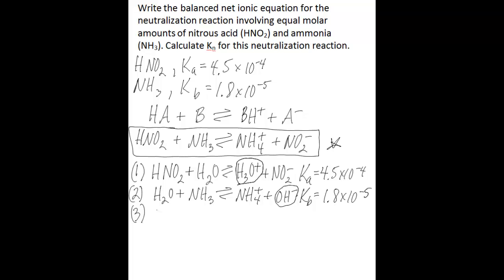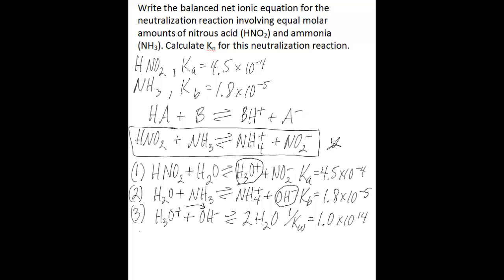So what you'll get here for the neutralization between the two is hydronium plus hydroxide, giving you 2 waters, which is what is left over when the hydronium ion transfers a proton to the hydroxide ion. And the K value for this reaction is really the inverse of Kw, so 1 over Kw, and that is equal to 1.0 times 10 to the 14th.